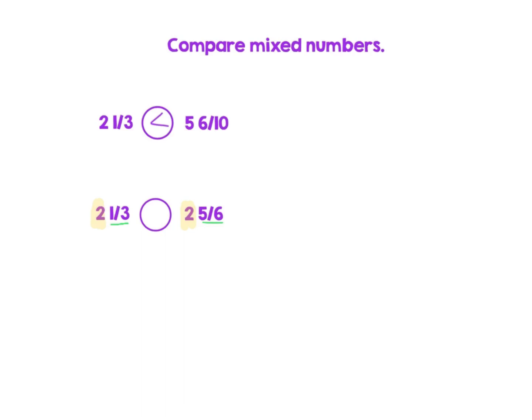I know that I can say 1/3 is the same as 1/3 times something to get a denominator of 6. I can multiply 3 times 2 to get 6 in my denominator, and 1 times 2 is just 2. So really, I am comparing, remember, this wasn't just 1/3. I had 2 and 1/3.